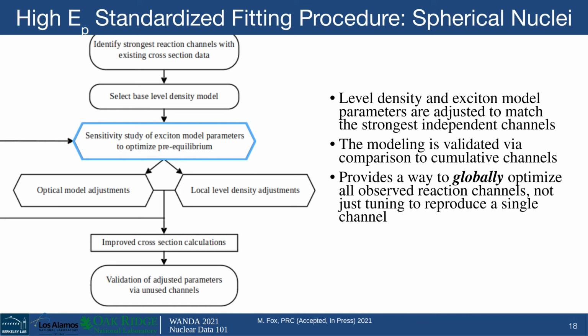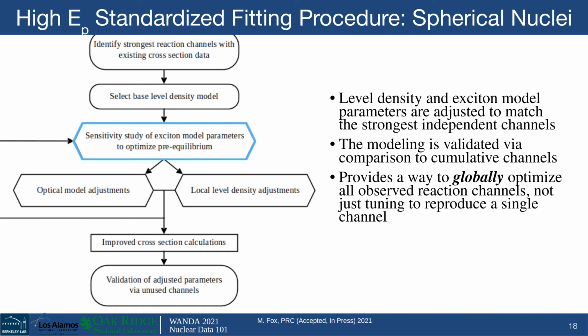At this point, local level density adjustments and optical model adjustments may be performed to optimize the individual single-channel transmission coefficients. This process repeats iteratively, adjusting level density, exciton model, and optical model parameters until an acceptable global solution has been found that matches the strongest independent channels observed in a set of experimental measurements.